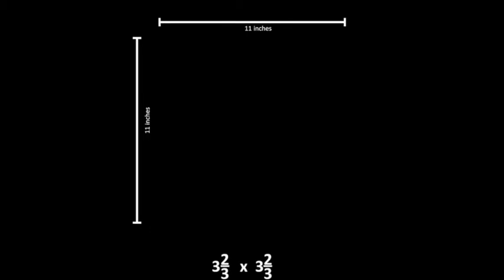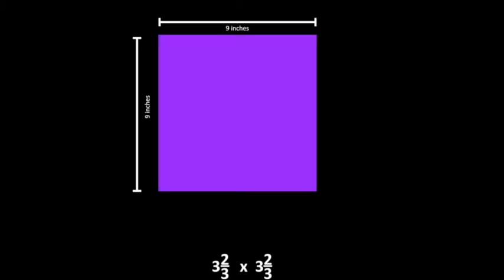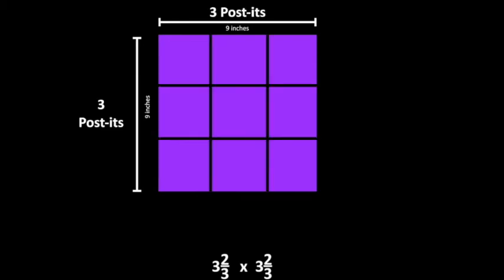So let's take a look and see what's really happening as students are creating this area model. Well, they know that the area of the big pad is 11 by 11 inches. So as students begin to build this area model using Post-its, they start by creating 9 by 9 inches. And that's where you can see the 3 full Post-its.